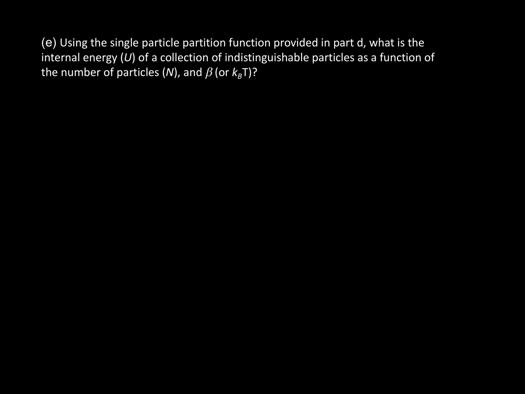So Carlos, this goes back to your question exactly. Now we have to have the indistinguishability factor involved in this one. So we need to calculate Q, and U is equal to minus d ln Q d beta. So strictly speaking, this is a plug and chug problem.